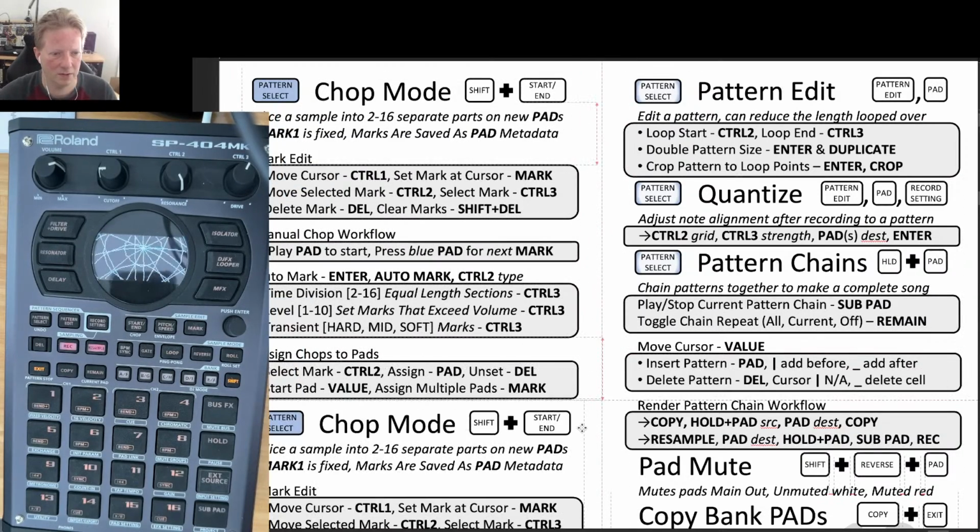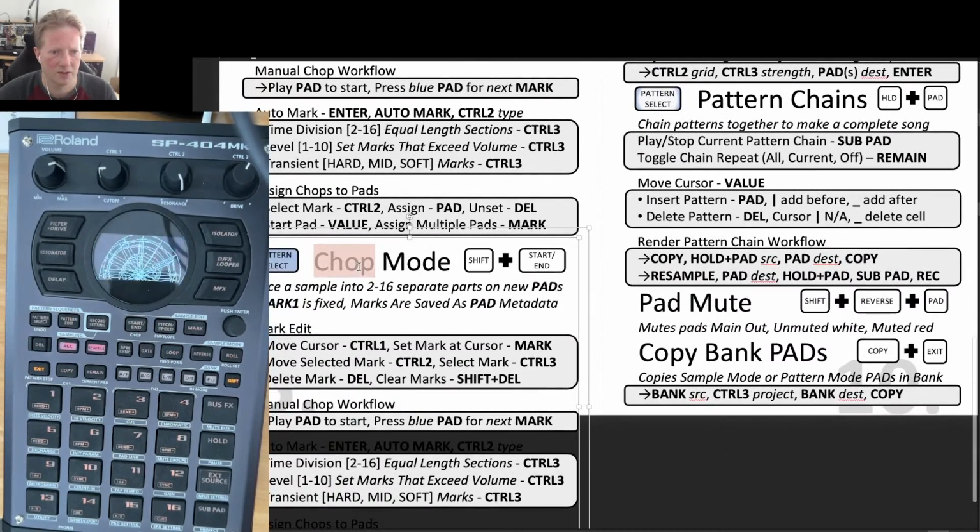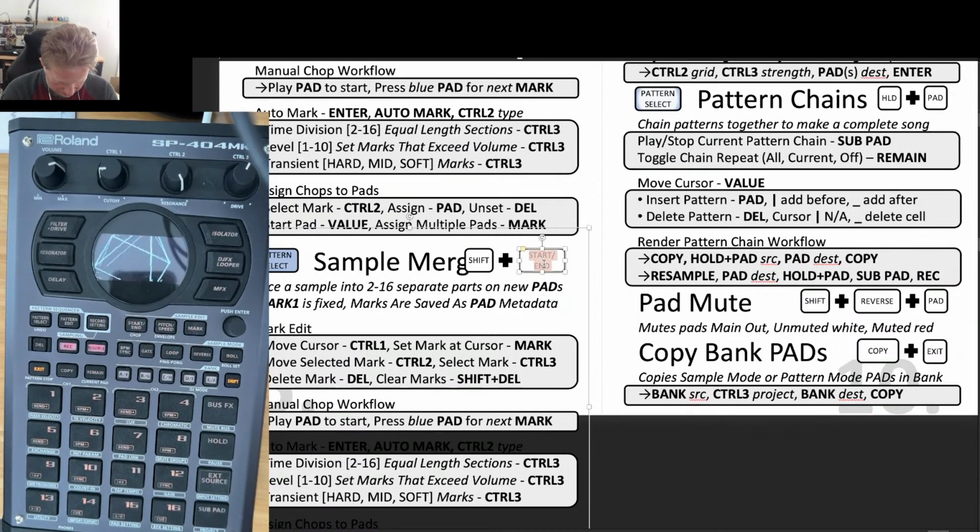Grab it. Line it up on both sides. What is this? I don't know if I can fit sample merge in here. Nah, it's a little too long, but what is it?